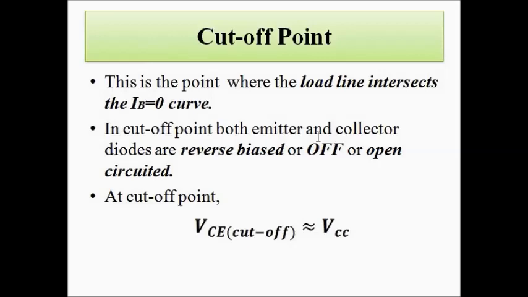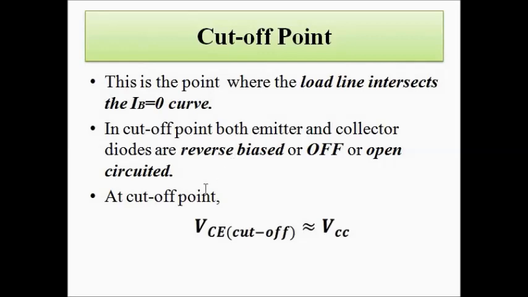A BJT is said to be in cutoff mode when both the emitter and the collector diodes are reverse biased. It means both the diodes are off, or both the diodes are open circuited.